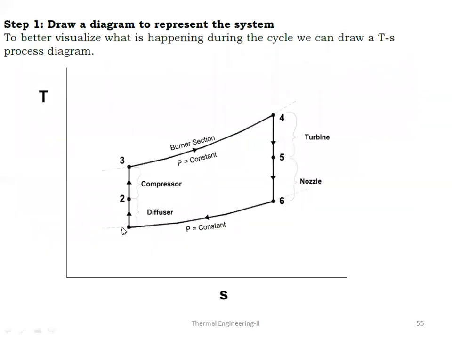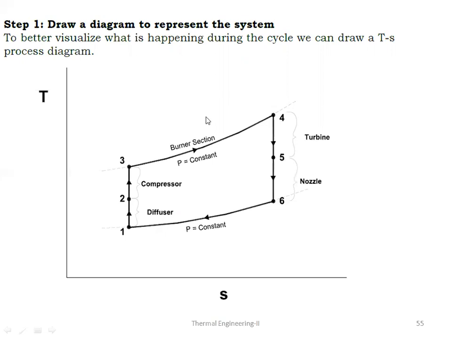So 1 to 2 is isentropic compression in the diffuser, and 2 to 3 is also isentropic compression in the compressor. 3 to 4 is constant pressure heat addition in the combustion chamber. After that, 4 to 5 is isentropic expansion in the turbine, and 5 to 6 is isentropic expansion in the nozzle.